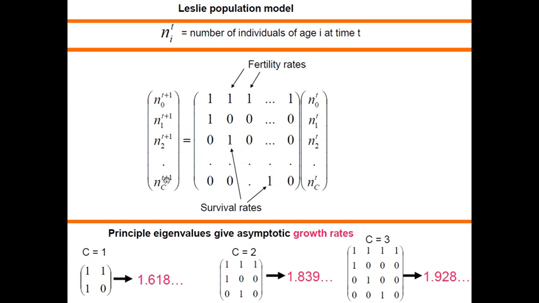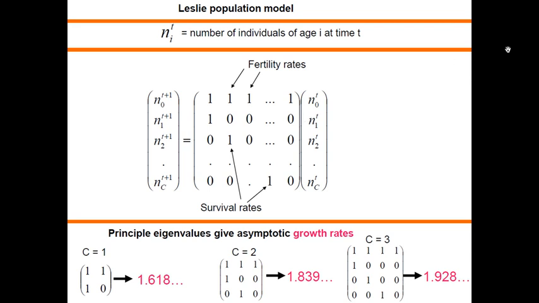We take it as implicit that once a vertex reaches age C, it dies the next time step. So the population vector on the next time step can just be obtained by multiplying by this matrix at the current time step.